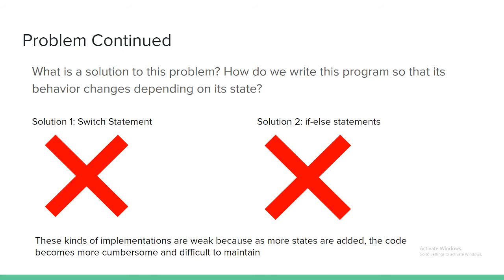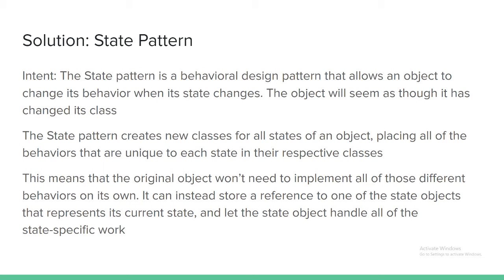So what are some other ways that we can think about doing this? Which brings us to another solution that would work better, which is the state pattern, and that is the topic of this presentation.